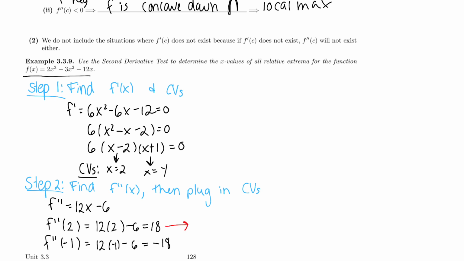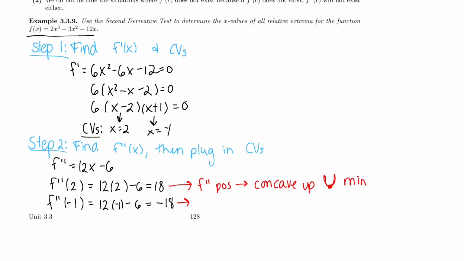If f double prime is positive, that means you are concave up, which is this shape. Happy people are concave up, so you have a min. If f double prime is negative, you're concave down, so you have a max.